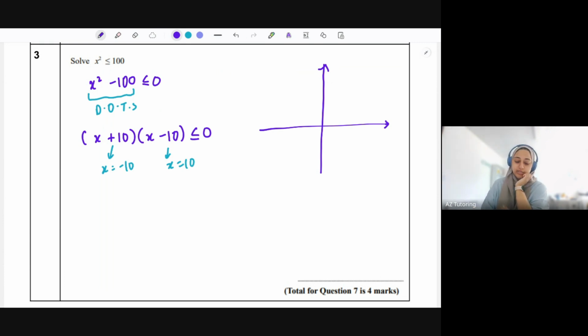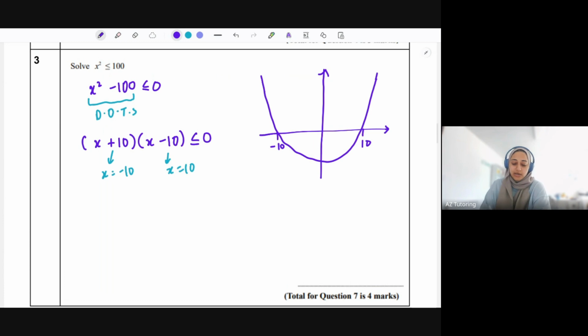So it's crossing minus 10 and it's crossing 10. We know minus 10 is roughly here and 10 is approximately here. So just drawing the graph, I will get something like this, where this is minus 10 and this is 10.